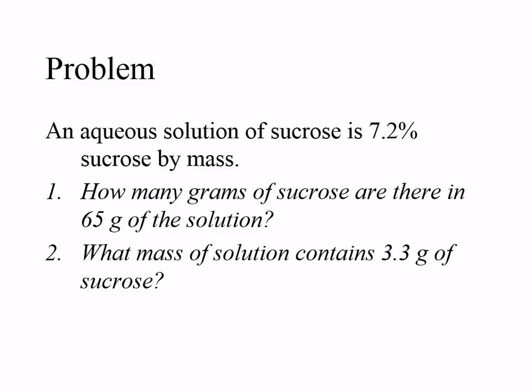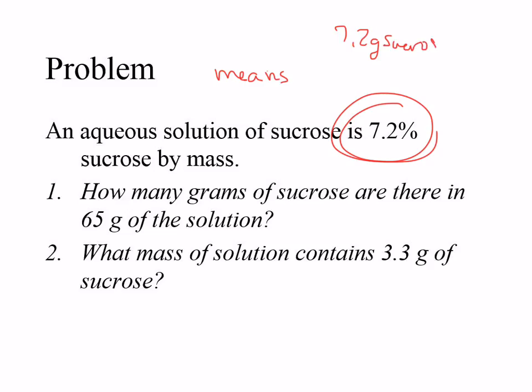So in the first one, by the way, let's just start at the beginning. On the next slide, you're going to see this unpacked. You have to unpack it to use the factor label method. So 7.2% sucrose means, this is what I mean by unpacking it, 7.2 grams of sucrose in 100 grams of mixture or solution.